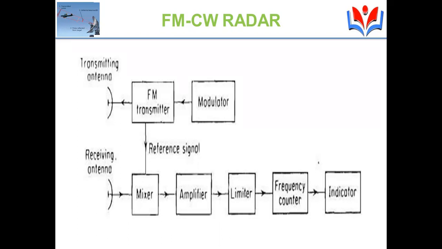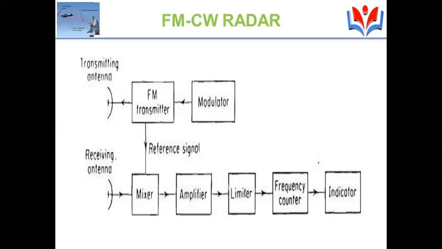CW radar only, but the continuous wave that we send will be a frequency modulated one. What happens if it is frequency modulated, in comparison with the CW radar, is that we are able to measure both range as well as relative velocity.